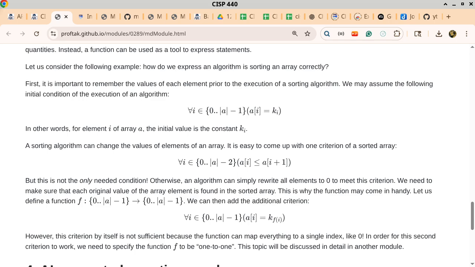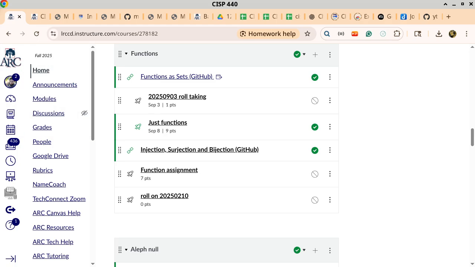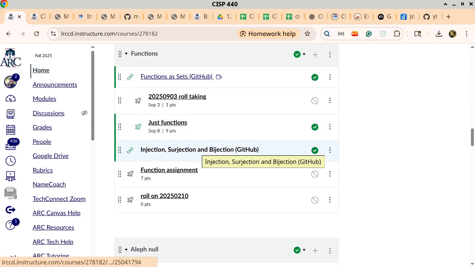Okay, so that is going to be the focus of next Monday's lecture, which is also the reason why I have to give you this homework assignment to make sure that you understand what a function is before we basically stack additional concepts and qualifiers onto functions.